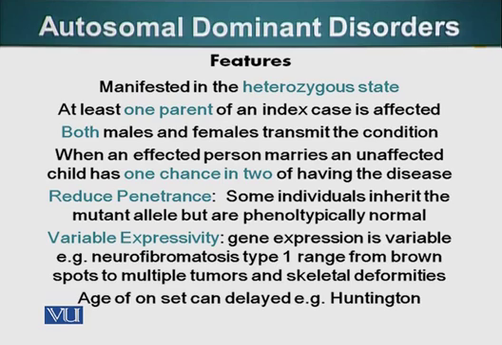Reduced penetrance. In some autosomal disorders, people have the disease gene which is causing disease, but the gene does not manifest its condition. It's a rare phenomenon, not very clearly understood, but one of the examples is BRCA, a type of breast cancer. Variable expressivity. I'll show you a graphic example of this too.